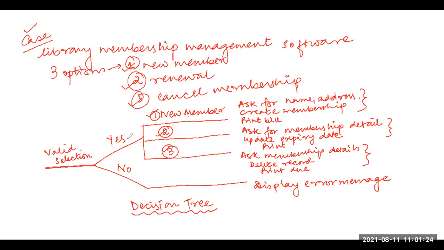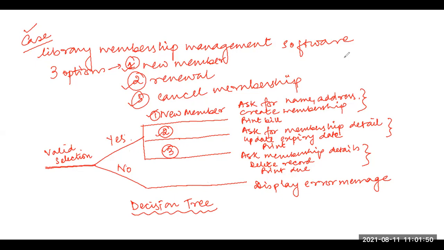So if it is a yes condition, 3 options can be there. If it is not a valid selection, 1 option is there. So these edges represent the outcome of the corresponding conditions, and the internal nodes represent the conditions. And the leaf nodes represent the actions which are to be performed by the system.